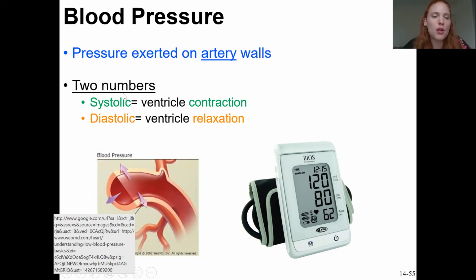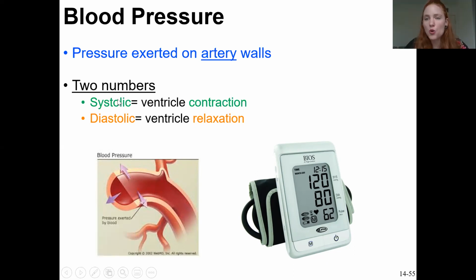When you take a blood pressure reading, there are two readings that you'll take. The first is systolic, the amount of pressure when the ventricles are contracting. The systolic should be the high number because when they're contracting, a whole bunch of blood goes out, and it's going to push a lot more on the artery walls.